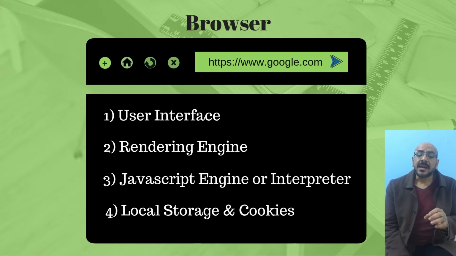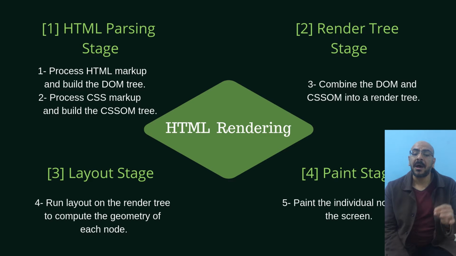Now, let's discuss the whole process, starting with the server-side response. The HTML and CSS files are going to be parsed by the rendering engine. The process of parsing is the first stage of rendering, and it ends with building what's called the DOM tree and the CSSOM tree. Don't worry, we will discuss it thoroughly in the next slide.